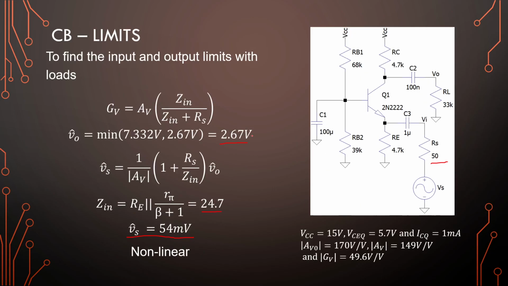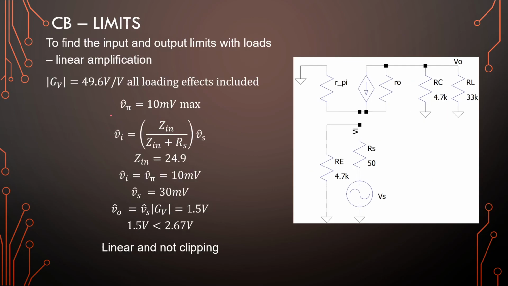When we apply our linear V pi into this equation, note again that Vin and Vpi is exactly the same. These two are in parallel. It's just we don't have any inversion on the common base. So Vin and Vpi is again the same.